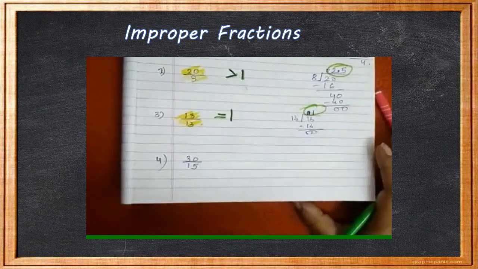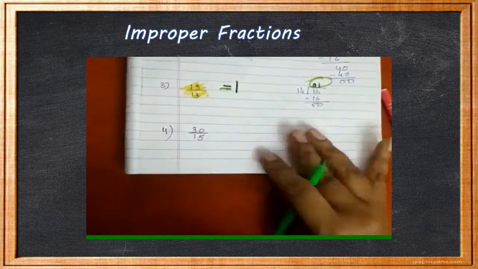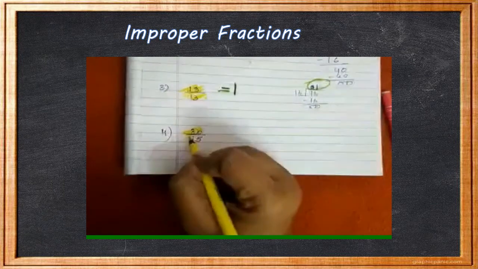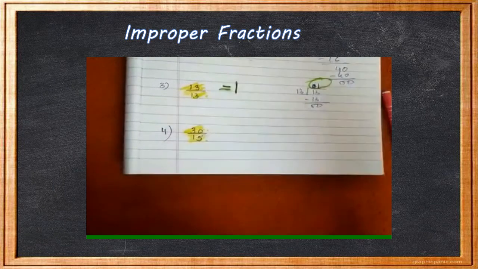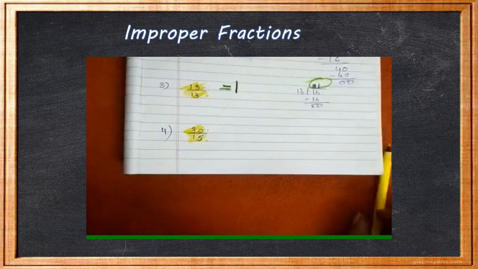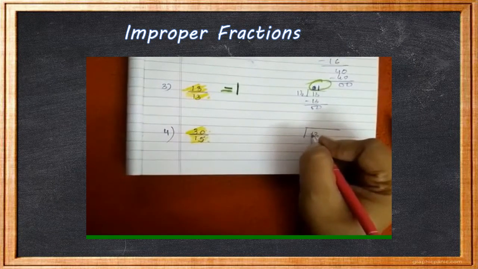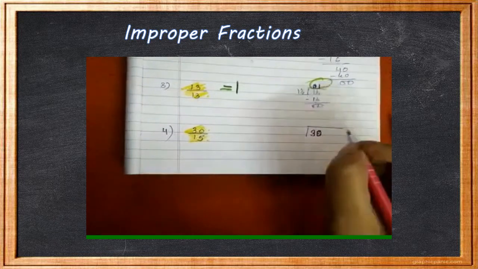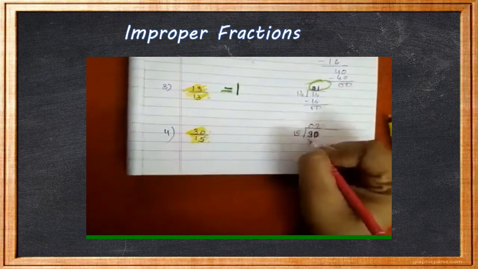This is clear, children. Now let's take one more example, the fourth one, 30 upon 15. We can see very well here numerator is bigger than denominator. Yes, now let's divide to check. 30 and here 15. 2s are 30.